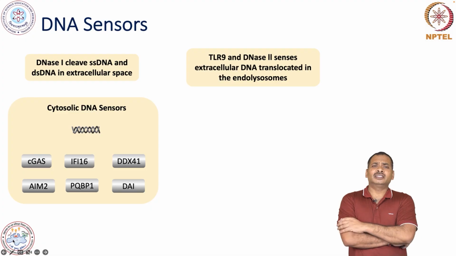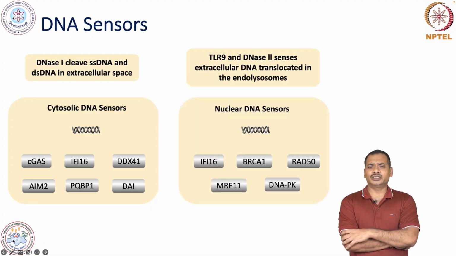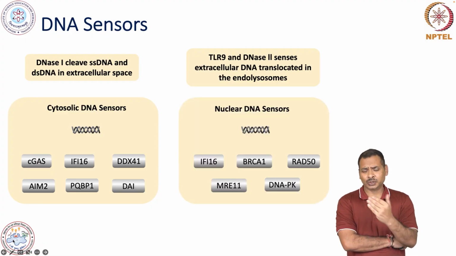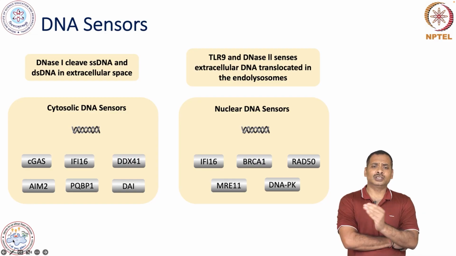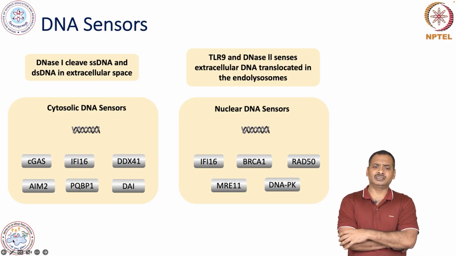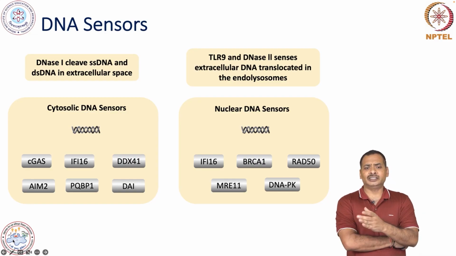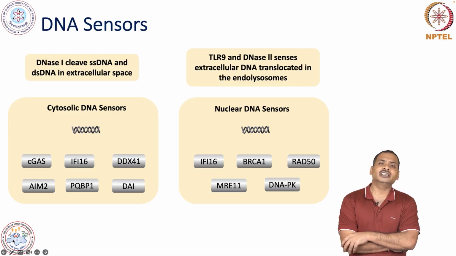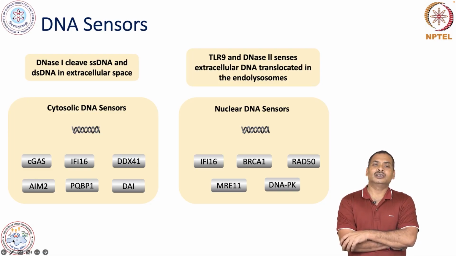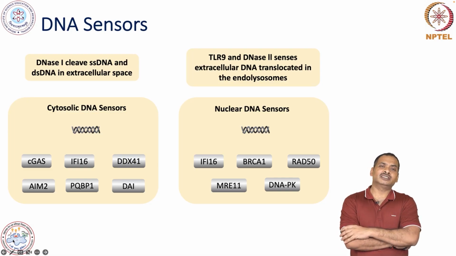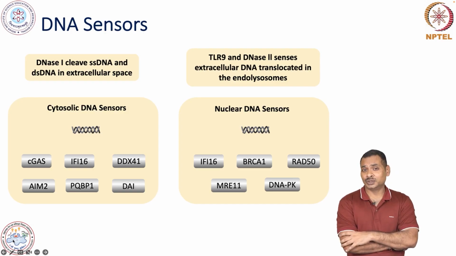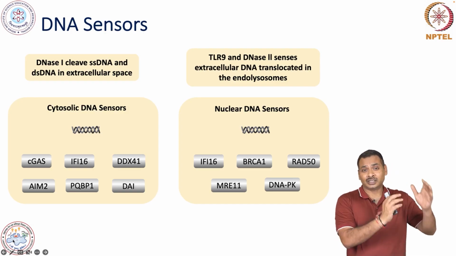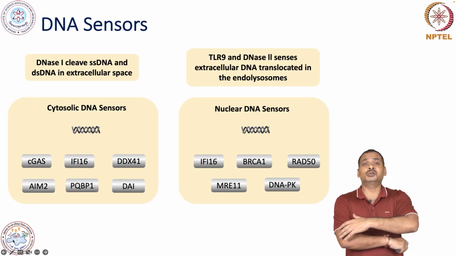In addition, DNA sensors are also reported in the nucleus, or there are nuclear DNA sensors, and one is IFI16. If you see IFI16, it basically senses DNA molecules in the cytosol as well as in the nucleus.